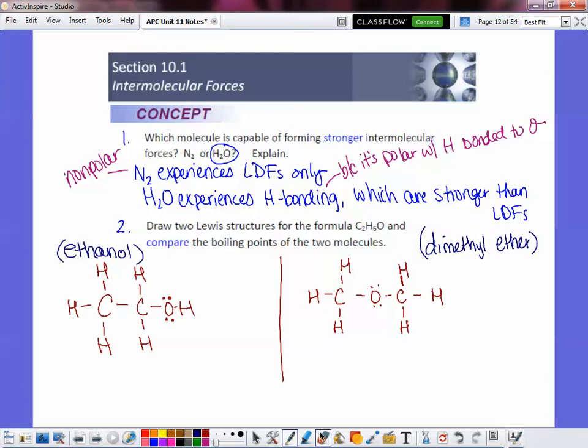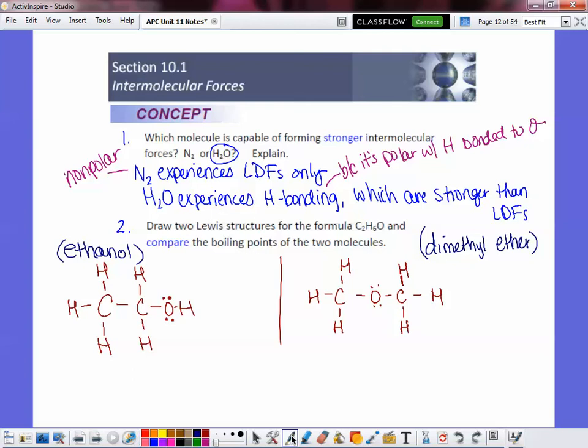All right, so which one of these do we think would have the higher boiling point? Why? Good. And what type of intermolecular force is occurring within dimethyl ether? Both of them are experiencing London dispersion. This one's dipole-dipole.